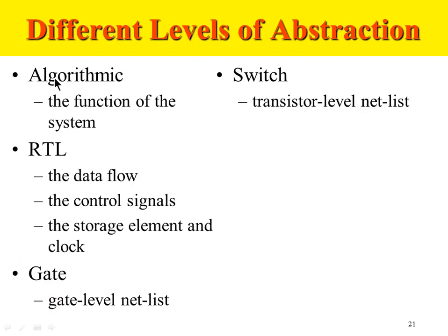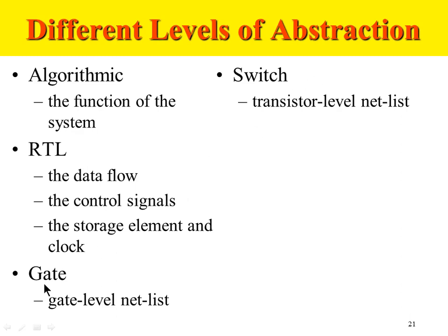So a design can be represented at various abstraction levels. The bottommost abstraction level is a switch level or a transistor level. Ultimately, everything on a chip works at a transistor level, and in this case, CMOS transistor level. One level of abstraction above transistor level representation is gate level design. So above CMOS level, gate level is basic gates.